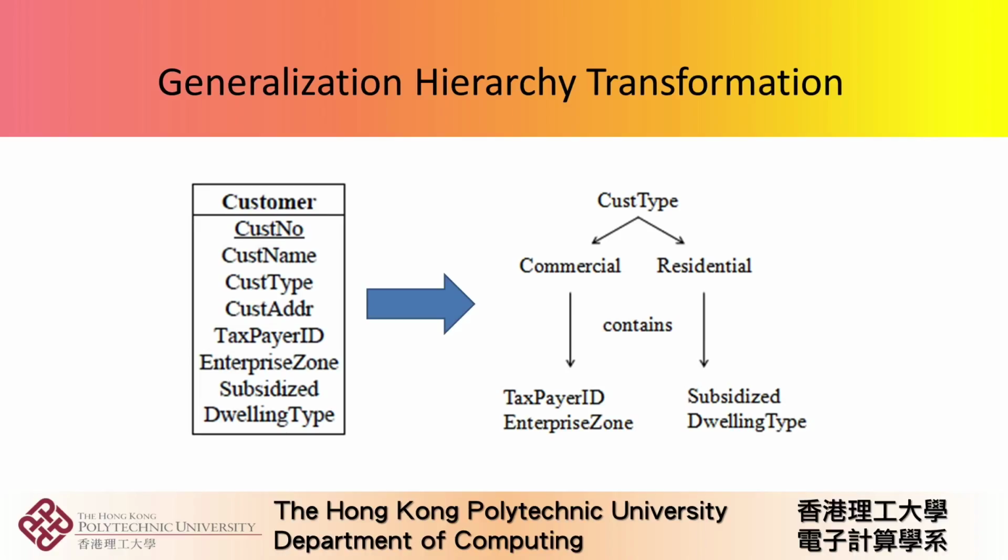Residential customers don't have taxpayer ID and enterprise zone, while commercial customers don't have subsidized funding type. Instances of the original customer entity type have null values for specialized attributes. By using generalization hierarchies and classifying the customers into two different types, null values for these attributes can be avoided.